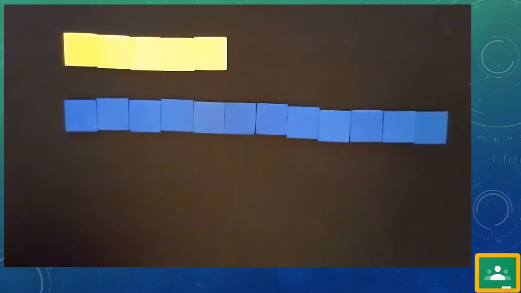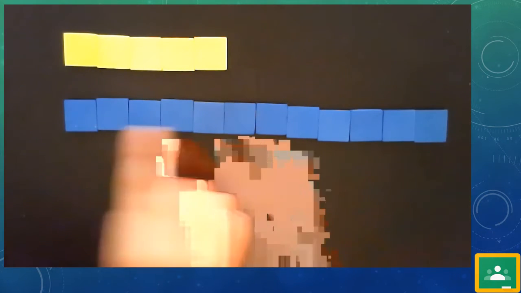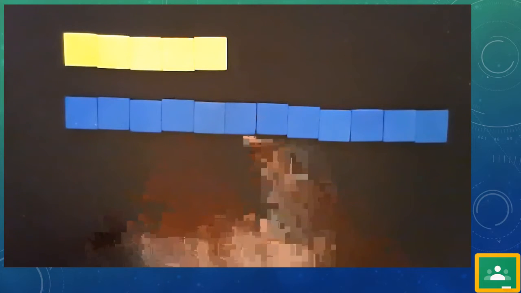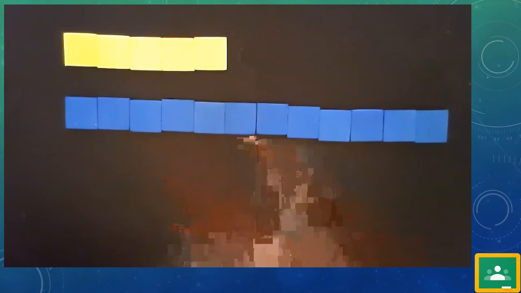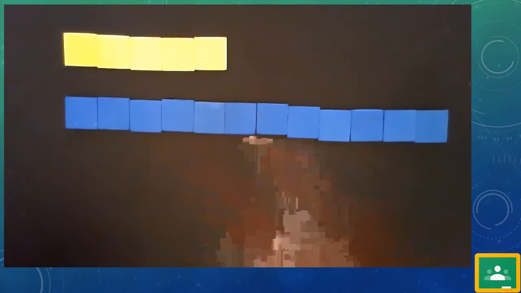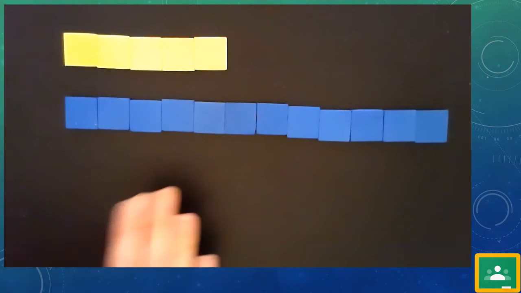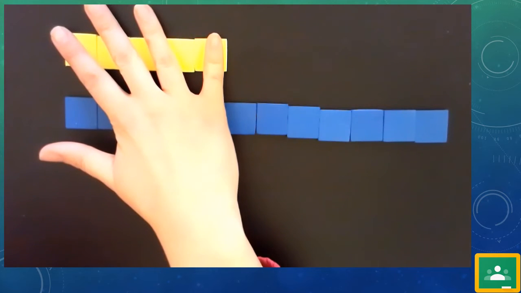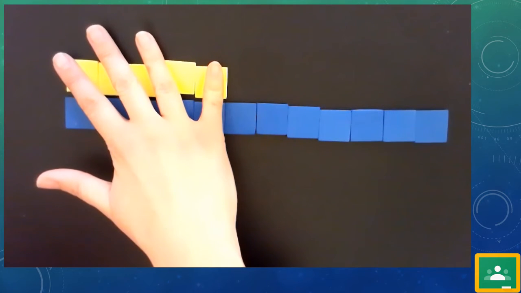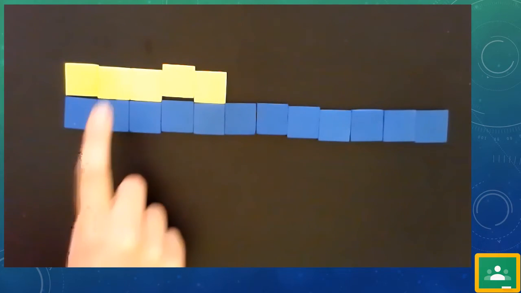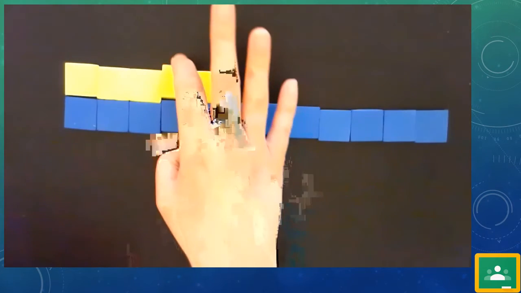Another way to look at how many more, I have 12 blue tiles here. Up here, I only have 5 yellow tiles. So if I want to find the difference or to figure out how many more is 12 than 5, I'm going to see how many yellow tiles match up with my blue tiles.